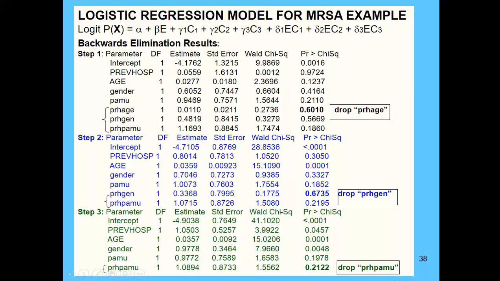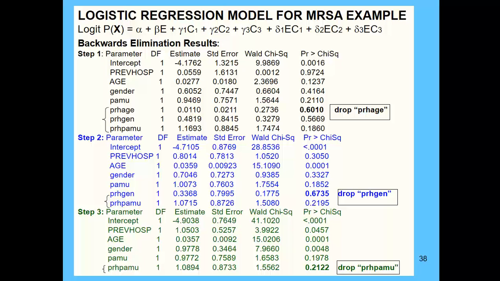I've dropped it. There's only 1 left. And then I got the p-value for that one product term, and it's 0.2122. Also very highly non-significant. So what do I conclude when I do backward elimination? I don't need any of them, right? And it's the same conclusion I got from the chunk test.